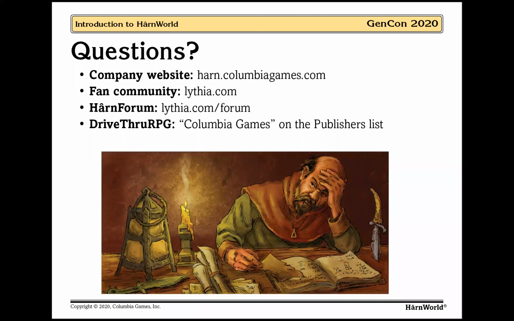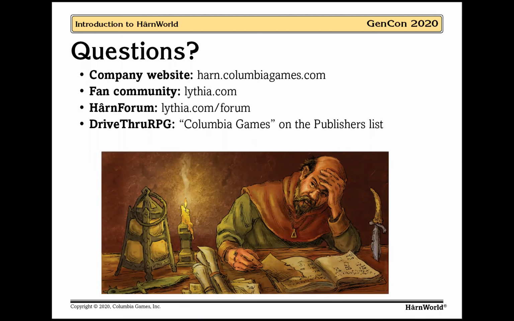Of course, you ask a question of 18 people and 18 Harn fans, and you're going to get 19 different answers out of them. But that's all part of the charm of the Harn forum. Sometimes there's consensus, and sometimes it just really shows the variety in how people have over the years interpreted the published material and run with it in different directions.